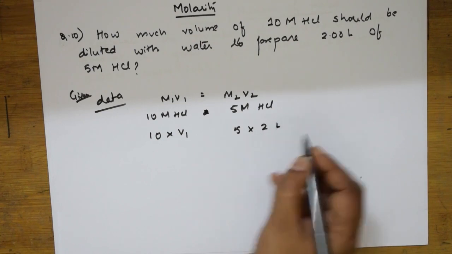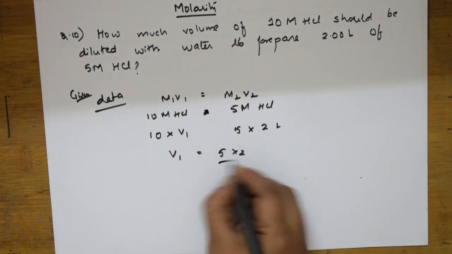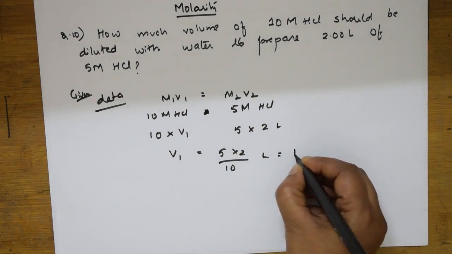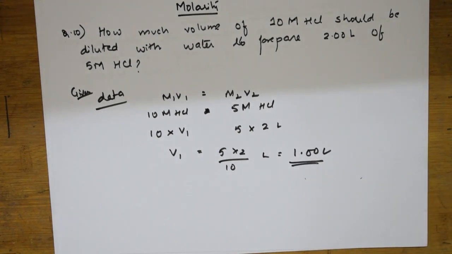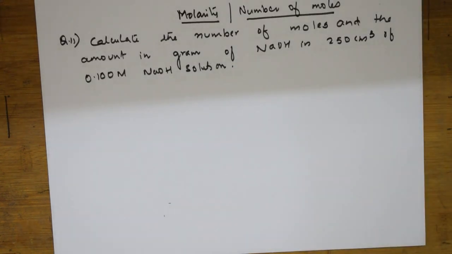Fine. So V1 is equal to 5 into 2 divided by 10. This is in liters. So how much do I get? I get 1.00 liters. This is how we would do it. This is the simplest numerical. There's nothing much. Given data, substitute in the molarity dilution law, and finally get the answer. Fine. So let's see one more numerical based on molarity.